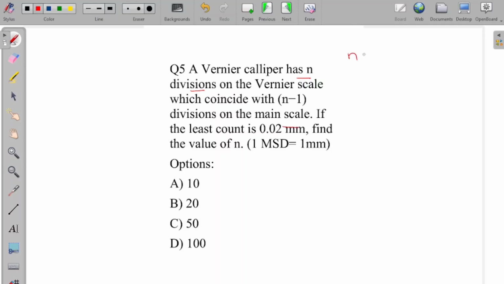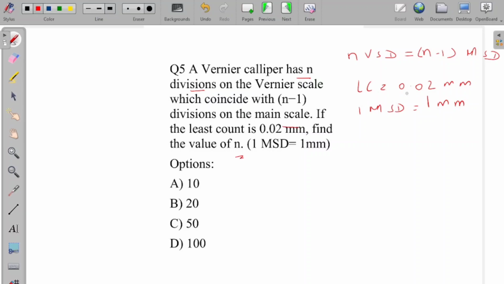So n divisions on the vernier scale are coinciding with n minus 1 divisions on the main scale, right? If the least count is 0.02 millimeter, one main scale division is given as 1 millimeter. Now we have to find the value of n here.